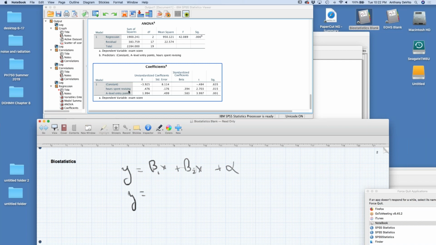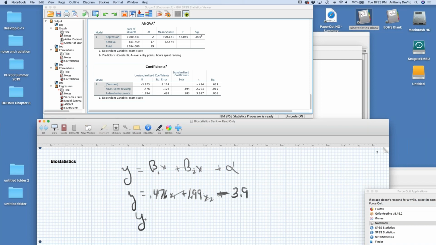For hours, it's going to be 0.476 times x1, plus for entry level points, it's going to be 1.99 times x2, plus our alpha, which is negative 3.9.